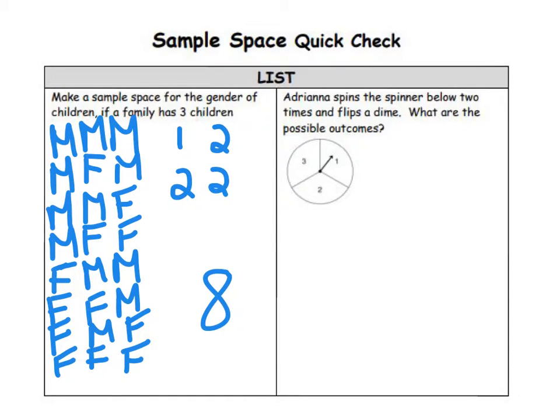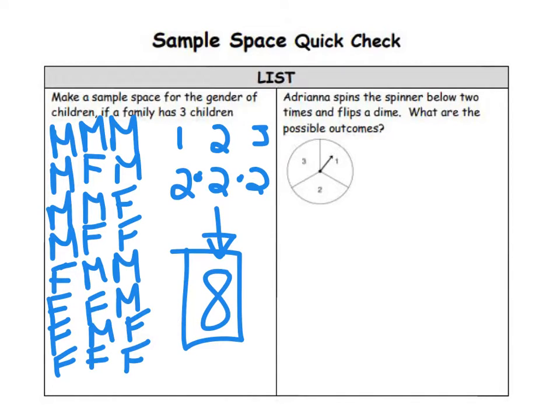And the third one could be male or female, so that's 2. So if you multiply 2 times 2 times 2, 2 times 2 is 4 times 2 is 8. Not adding 2, we're multiplying 2. So that means this is 8, so this was correct. We found all the different combinations.